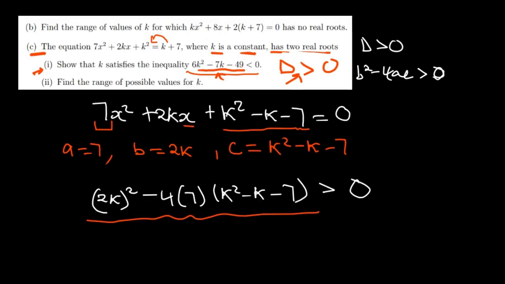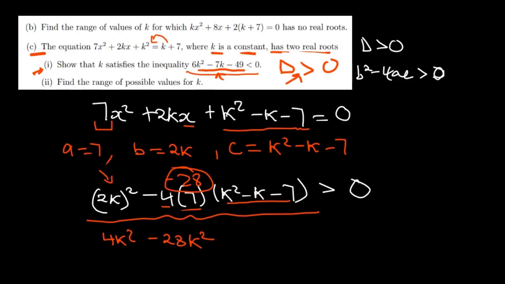Let's start. 2k squared gives 4k squared, and minus 4 multiplied by 7 gives minus 28. I multiply this minus 28 with whatever is inside. Minus 28 multiplied by k squared gives minus 28k squared.